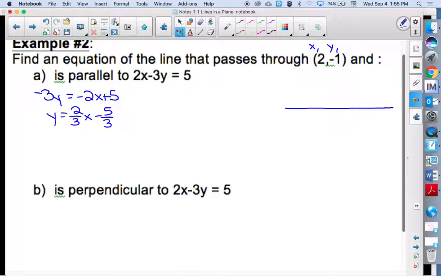So if I draw a little picture here, you don't have to draw the picture. Sometimes having a visual makes it a little easier to think about. So we have -5/3. It's just beyond, in between -1, -2. Slope is up 2 over 3. We'll say about here. So that's my current line.